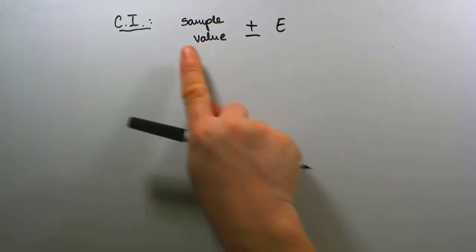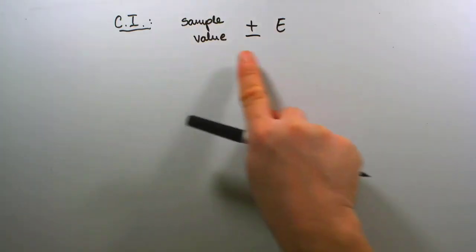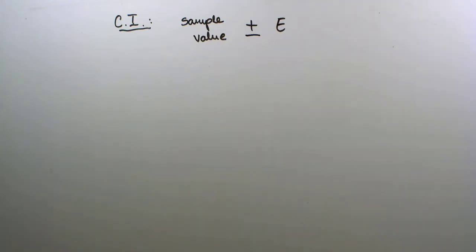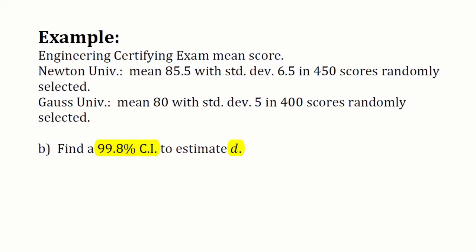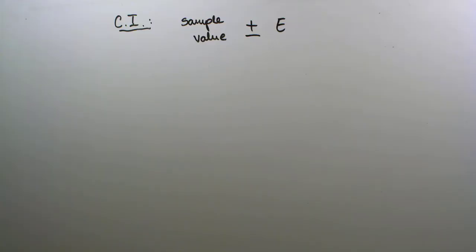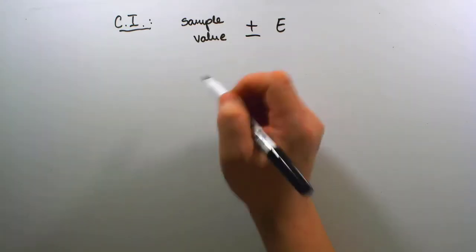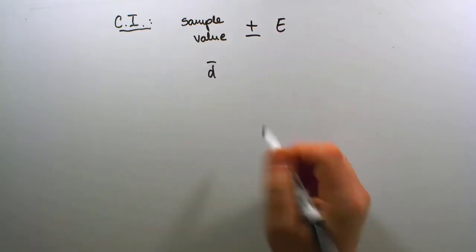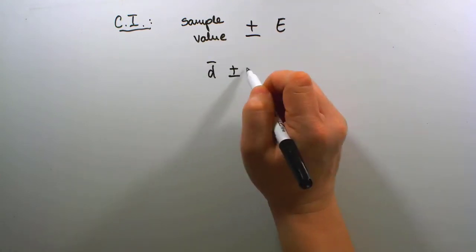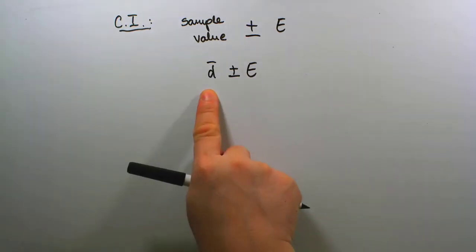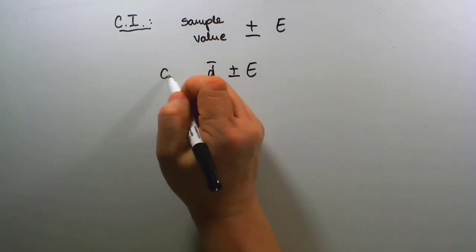That's how any confidence interval will look at the end. Since our problem is aiming at estimating the difference of the two population mean values, D, the sample value corresponding to that is D bar, and we will be adding and subtracting the margin of error. That is how our final confidence interval will look.